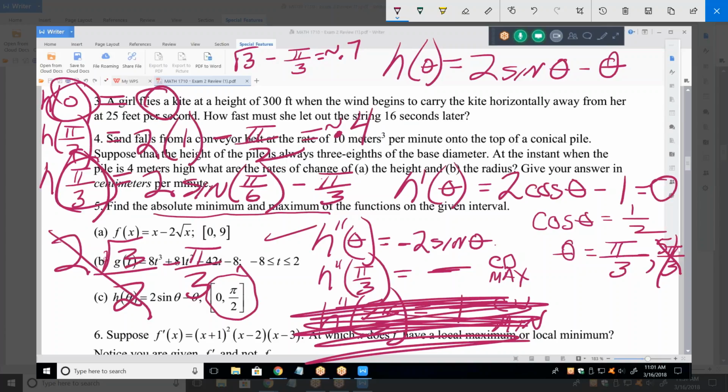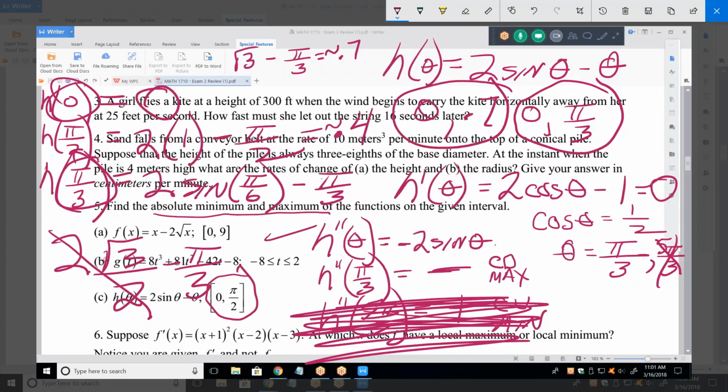So is their answer going to be 0 and pi over 3, or is it going to be 0 and then approximately 0.7? So they're giving you both coordinates. That is the best way to do it.